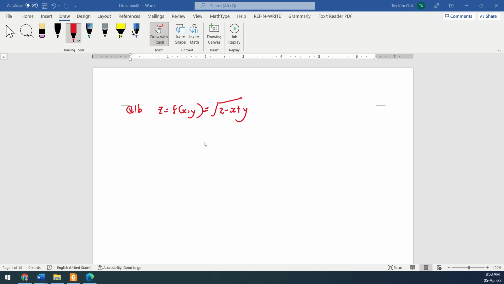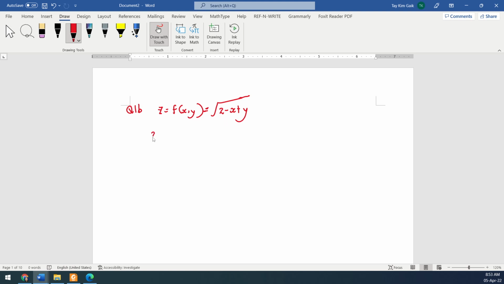So to find the domain, when you have the square root function, domain and range must be real numbers only. It cannot be a complex number. That's why, to avoid getting a complex number, you have to set whatever is inside the square root greater than or equal to 0.